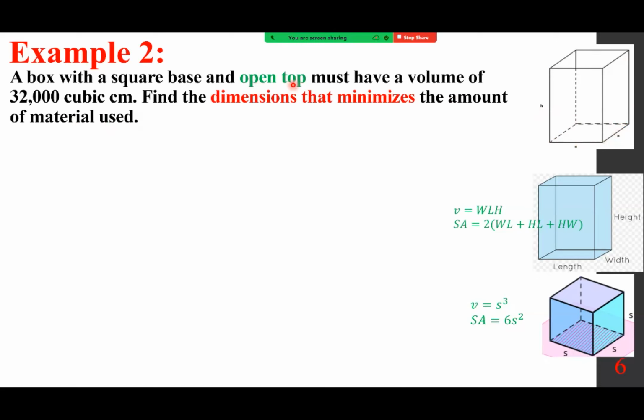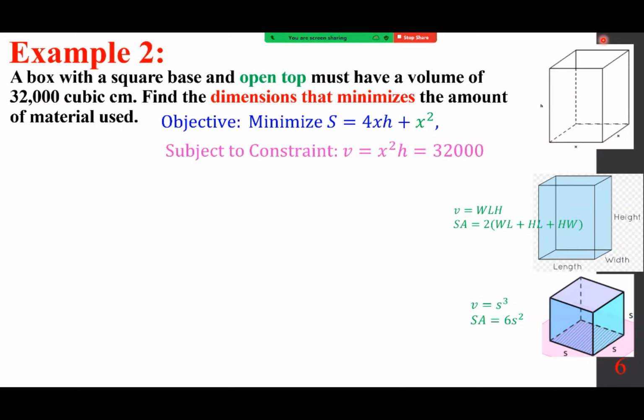But this is an open top, only 1X squared. So minimize the surface area, which is 4XH plus only 1X squared because it's open top. Otherwise, it's 2X squared. Subject to the volume is supposed to be 32,000 cubic centimeters, which is X squared times h.